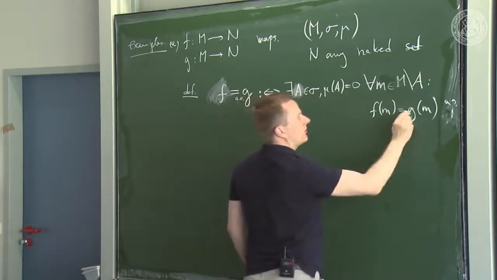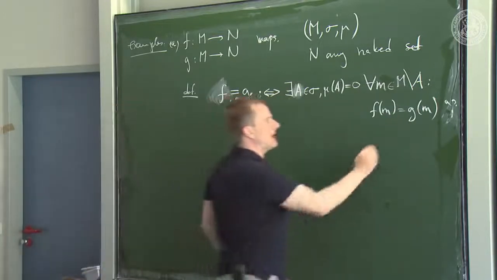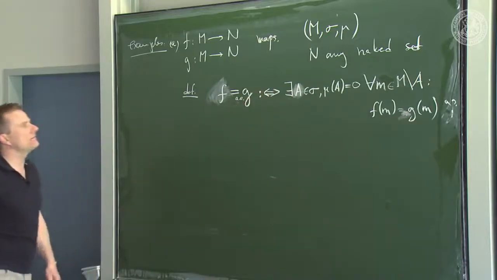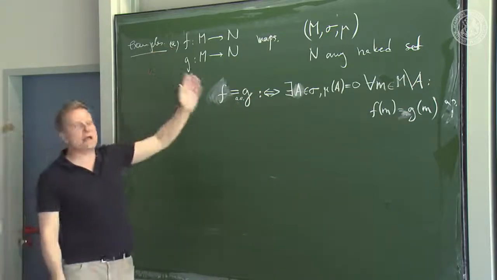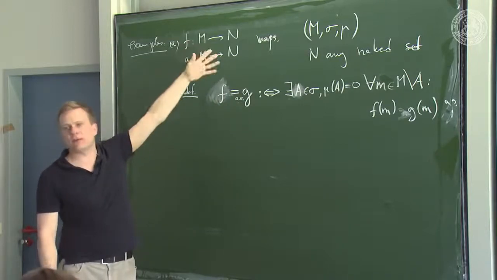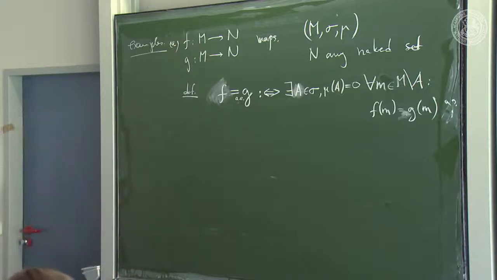And this is the equality that you can have on sets N. Well, but that's just equality. I don't need to confuse you here, okay? So you see, in order to decide almost equal for 2 functions from M to N, you need a measure space as the domain.